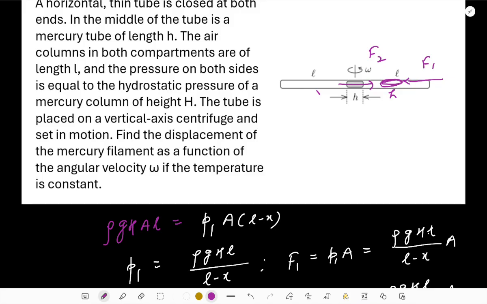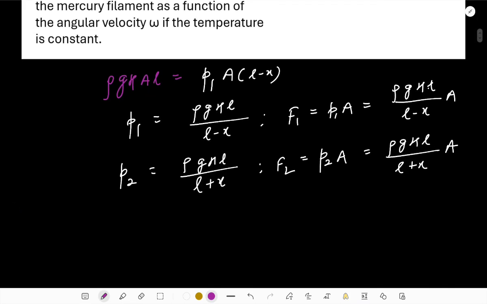This centripetal force I would like to write as FC, that will be equal to mass multiplied by omega square x. Omega is the angular velocity of the centrifuge at this moment, and x is the distance of the mercury filament from the axis of rotation.